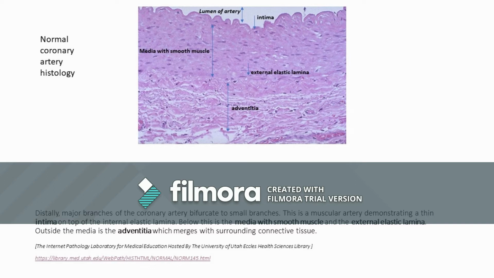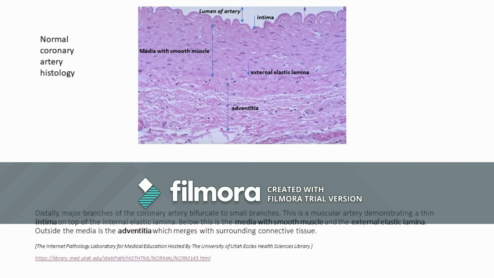This image is of a normal coronary artery, and it says, distally, major branches of the coronary artery bifurcate to small branches. This here is an image of a muscular artery that has 3 layers.